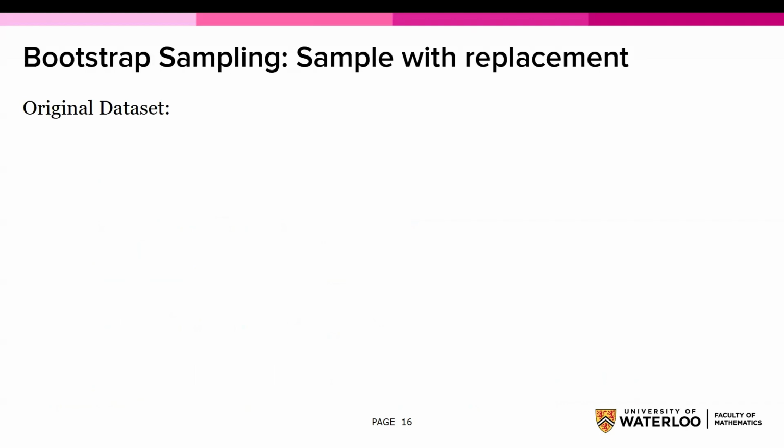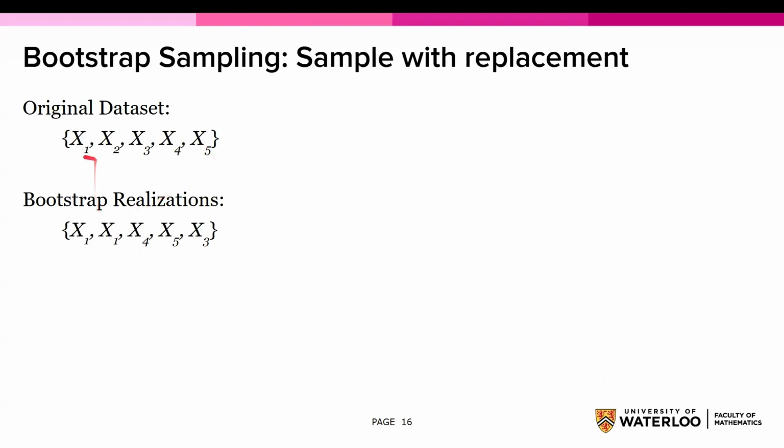To give some examples of how this works, let's suppose we had a data set of X1 through X5. We could then construct bootstrap realizations by resampling this original data with replacement. What that means is that we would still create a sample that has 5 samples in it, but we might see some samples appear more than once. For example, in this case, X1 appears twice, whereas X2 doesn't appear at all.